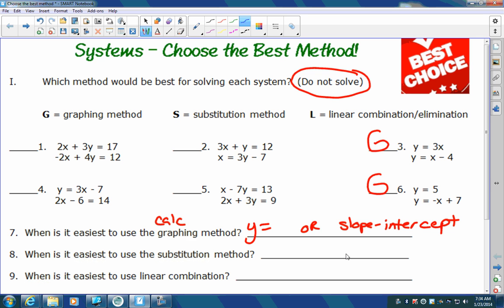Now, when is substitution the best? When is substitution?